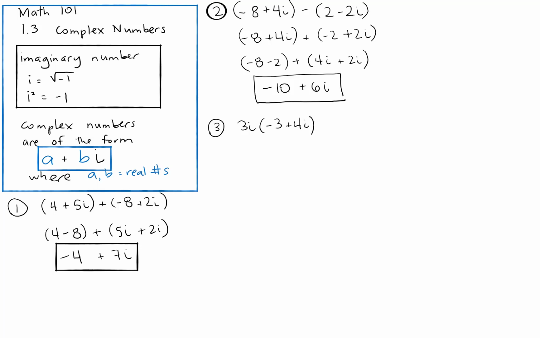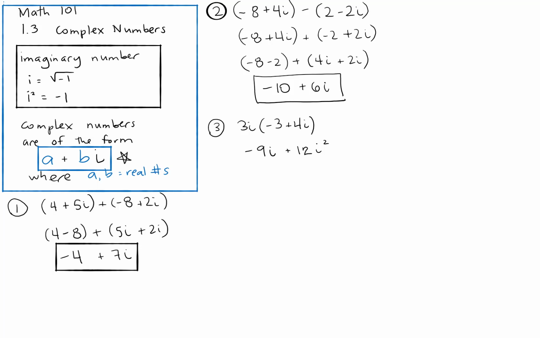Alright, here we've practiced addition, subtraction, and now we're practicing multiplication. We're going to multiply the imaginary times the real, so we're going to get -9i. We just multiplied their coefficients. And we're going to get 3 times 4 is 12, and then we're going to get i squared. Well, this is not in the correct format, because all the complex numbers are of this form.